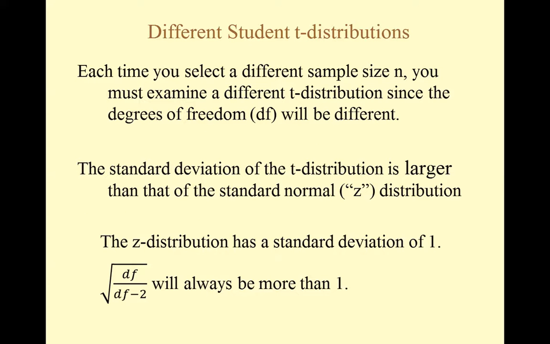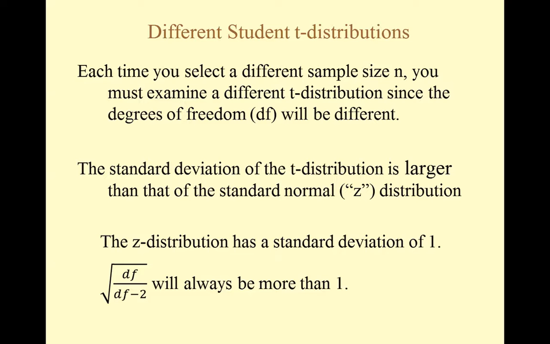Each time you select a different sample size n, you have to examine a completely new sort of table or t-distribution because the degrees of freedom are going to be different. So the degrees of freedom tell you which t-curve you're talking about. And there's not an easy way to standardize or convert from one t into a standard t like there was with normal distributions when we could always convert to the z-distribution.